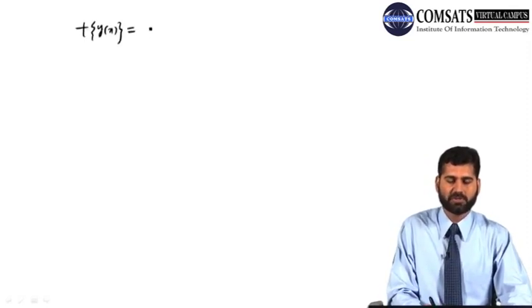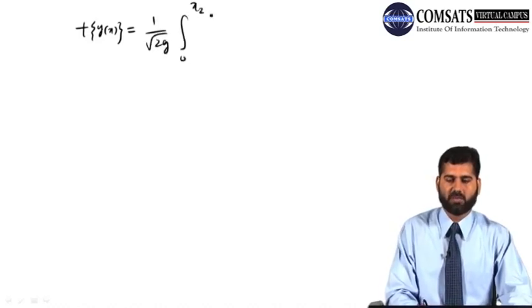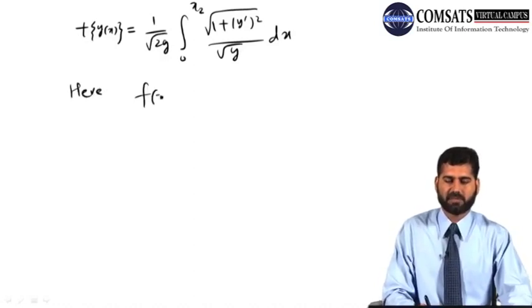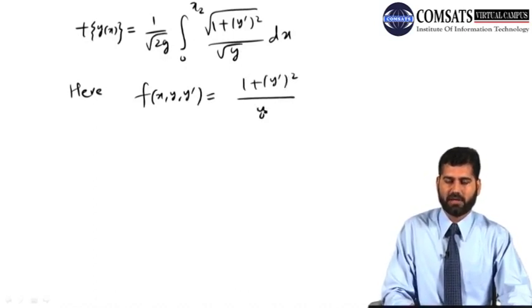So what I can write is, I can write t of y(x) is equal to, if I bring this constant outside, the integral of square root of 1 plus y prime square divided by square root of y, dx. So my function here is f(x, y, y prime) is the square root of 1 plus y prime square over y.